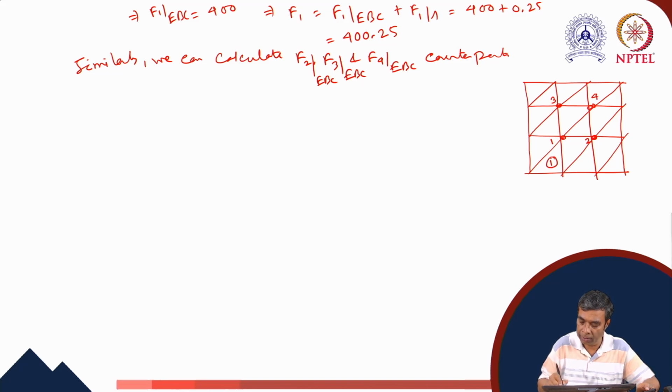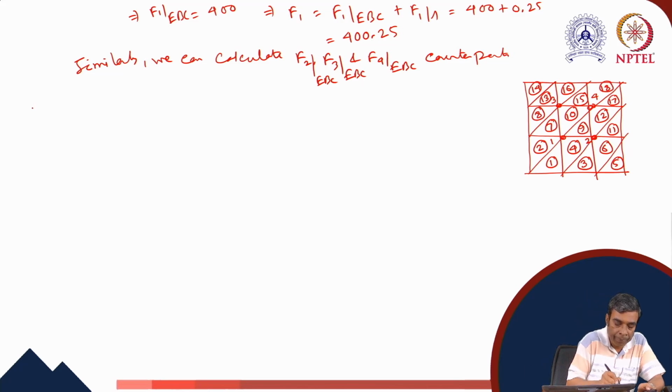Our elements are 1, 2, 3, 4, 5, 6, 7, 8, 9, 10, 11, 12, 13, 14, 15, 16, 17 and 18.